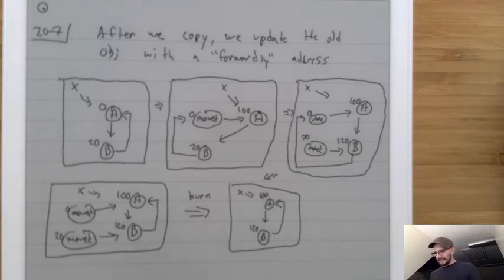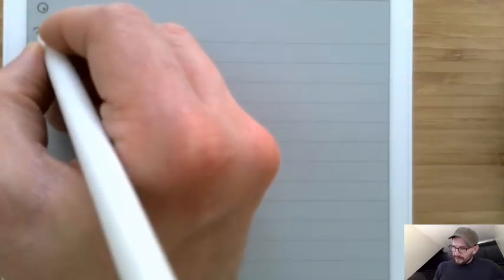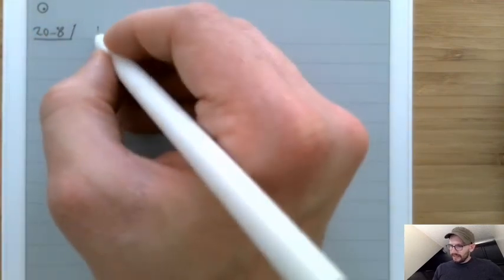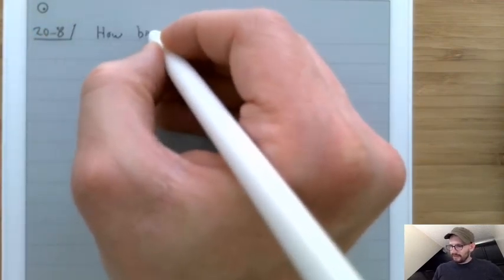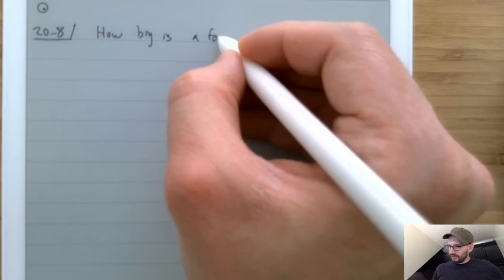And the key thing is that when we copy, we create a forwarding pointer over on top of the other space. So that actually has kind of a weird consequence, which is we have to ask the question, how big is a forwarding pointer?